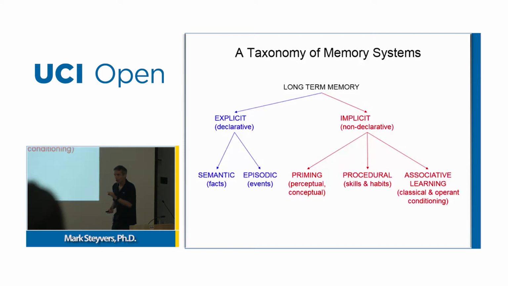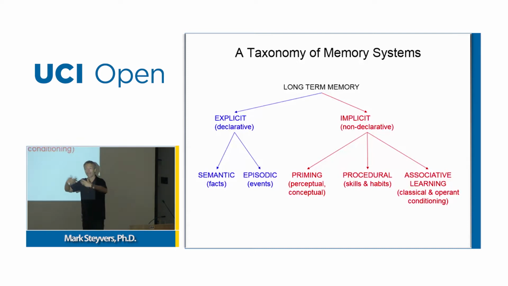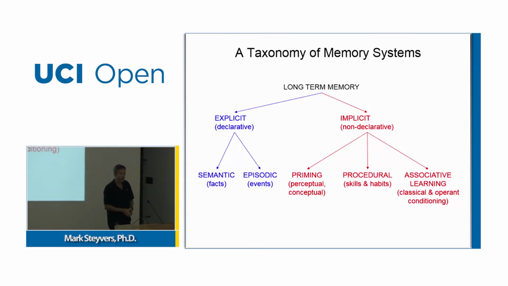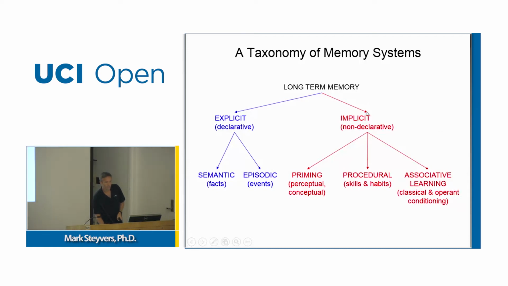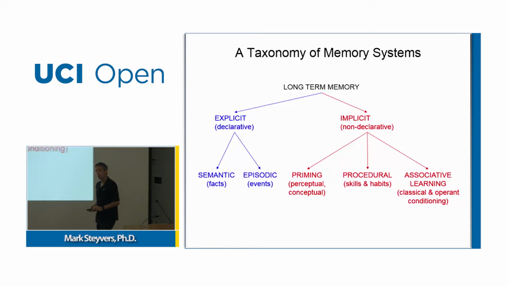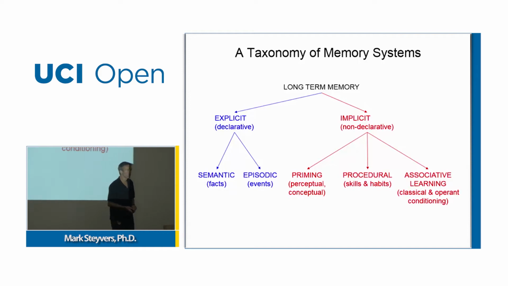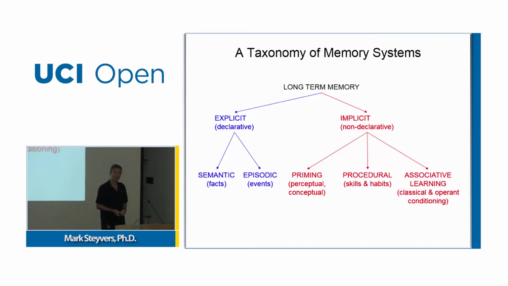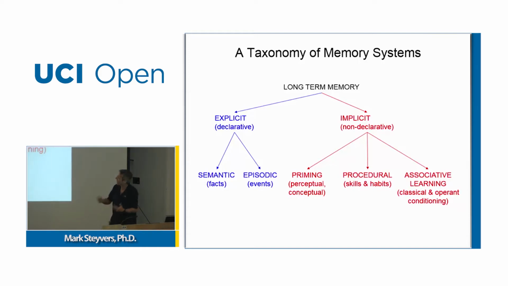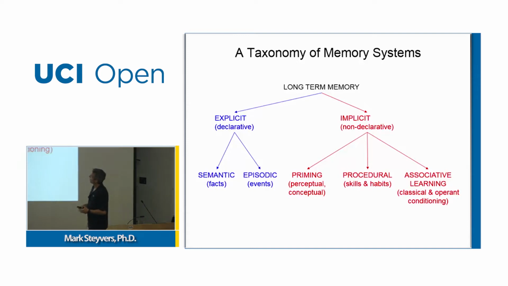You can consciously be aware of those memories and you can declare, I have this memory, I remember that. On the other hand, on the right-hand side, all the red-marked memory systems, those are implicit memory systems. These are memories that affect you, they do influence your behavior, but you might not be aware that this is going on. So you can't declare these memories. And so another word for it is implicit memory.